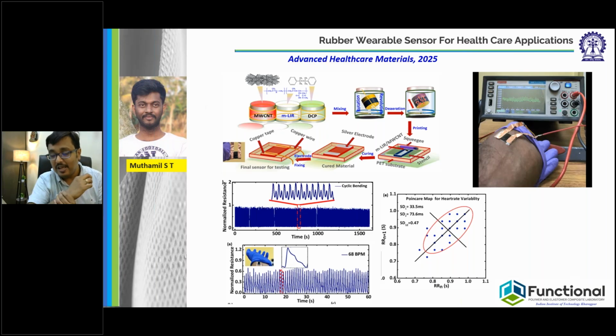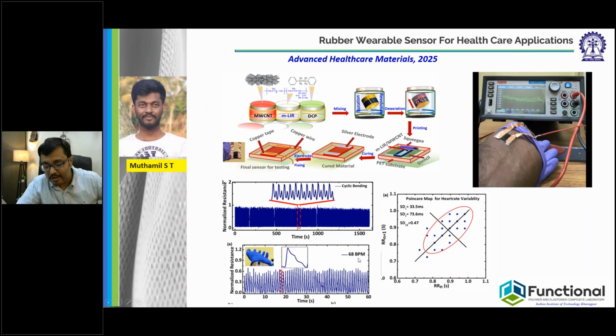So it has to be a very sensitive material. Accordingly, we made this particular sensor which can very nicely detect that strain, and this relative resistance change, as you can see at the bottom of the page, is giving you the pulse beat.